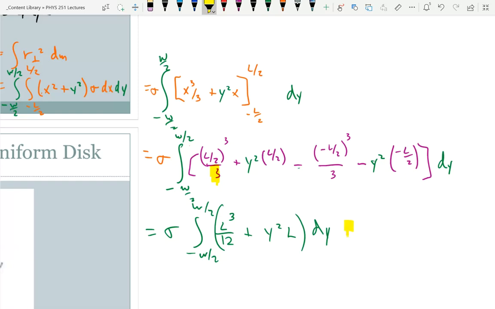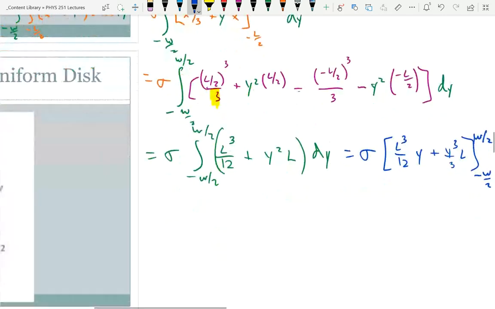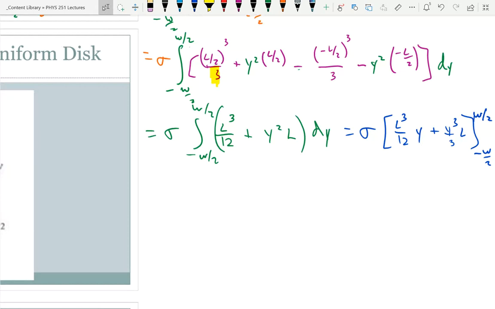Okay, so now we're down to the end. So now I do these integrals again, and it's going to be sigma times L cubed y plus y cubed over 3. So when we do that, I know I'm out of time.